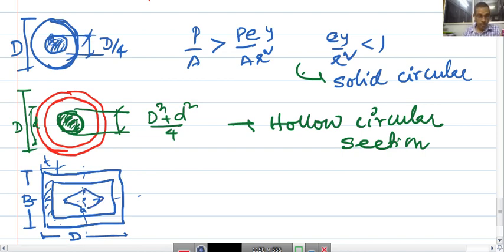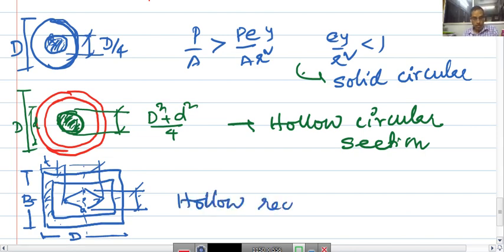So this is the hollow rectangular section.